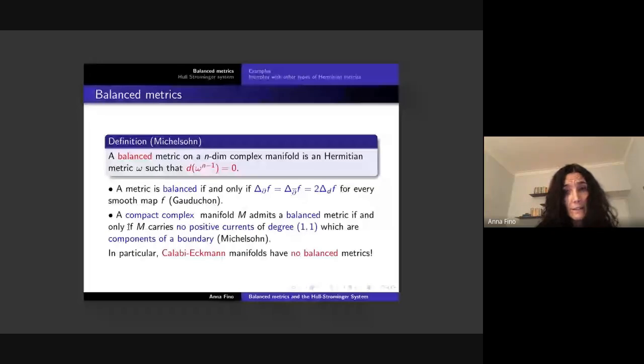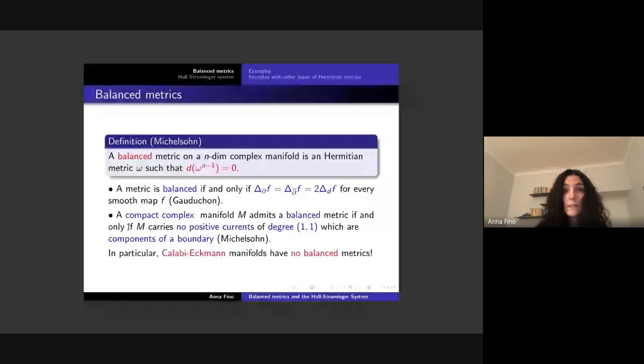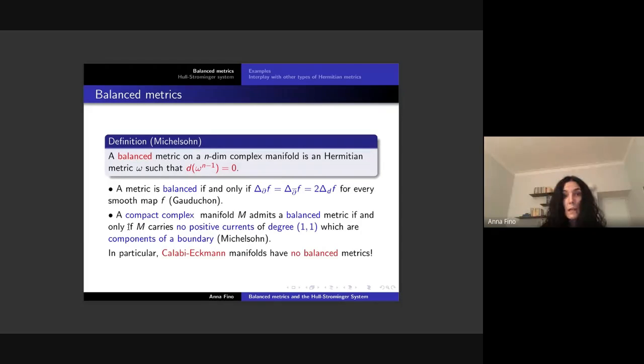Another very nice characterization, and in fact another way to define the balanced condition, is due to Michelsohn, in terms of currents. Michelsohn showed that a compact complex manifold M admits a balanced metric if and only if M has no positive current of degree (1,1) which is the component of a boundary.